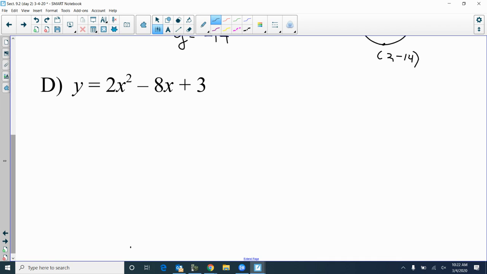Watch what you get for your x, because if you get your x incorrect, then you're automatically going to get your y incorrect. So you have to plug that in. That's your x, then you plug that in the equation.